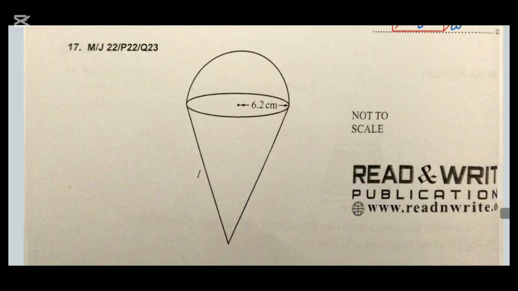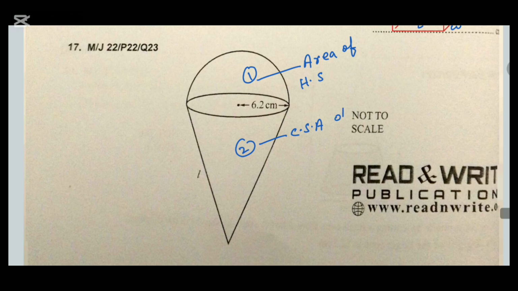So this is area of hemisphere, and second thing, curved surface area of cone. So here we are going to use two formulas, area of hemisphere and curved surface area of cone.